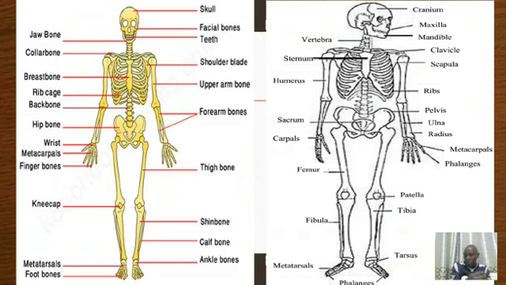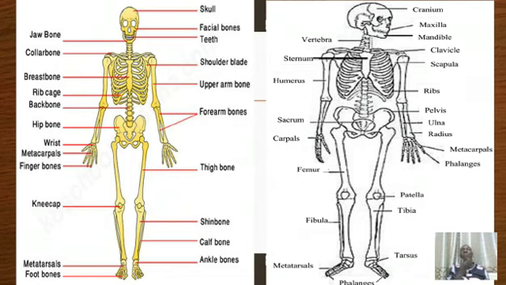So we have the humerus, then radius and ulna, then the carpals, then the metacarpals, and then the phalanges.